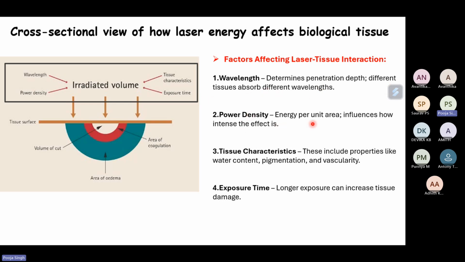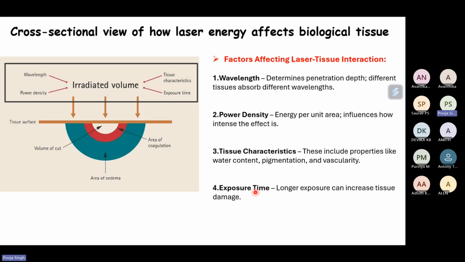Power density means how much energy per unit area is influencing and how intense the effect is. Then tissue characteristic, what kind of tissue you have. Tissue characteristic means water content, pigmentation, whether it is dry, or whether vascularity is there.